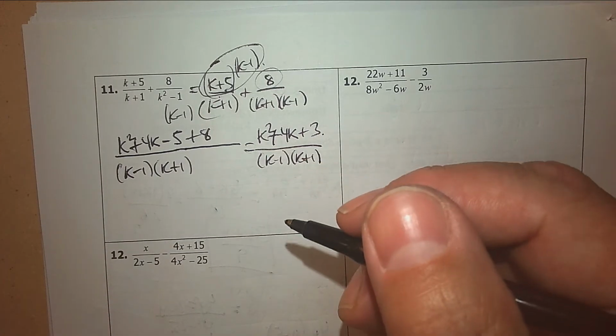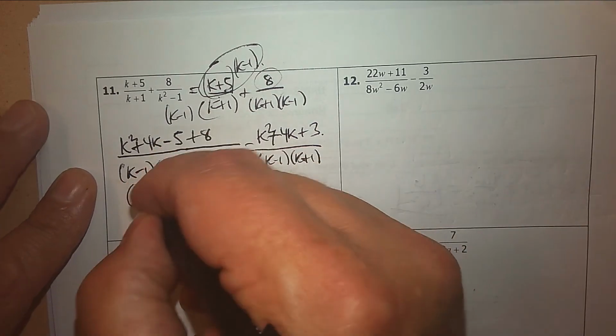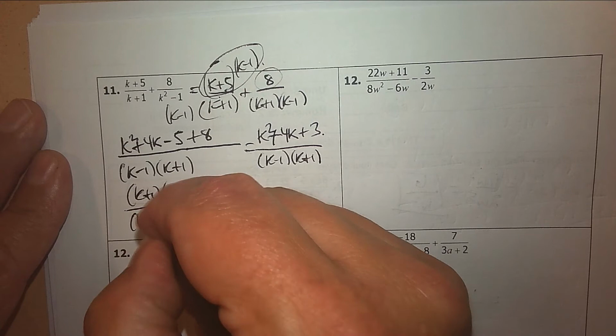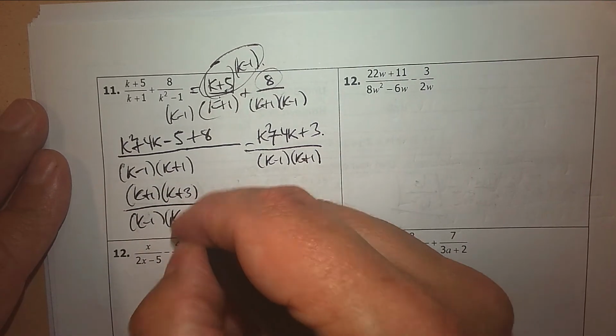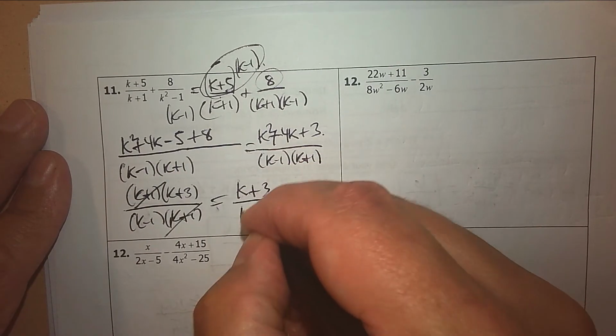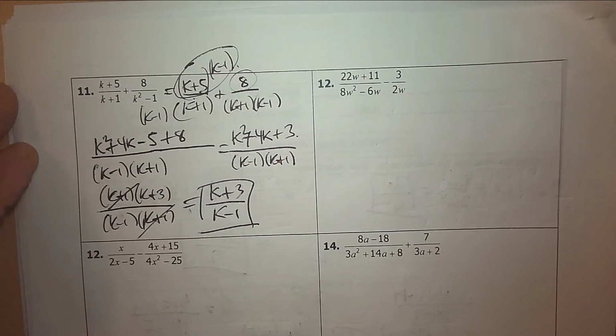So what two numbers multiply to 3 and add to 4? That's 1 and 3. And then strike out the common factor. So they match, k plus 1, and you're left with k plus 3 and k subtract 1. Done. Number 12, common denominator.